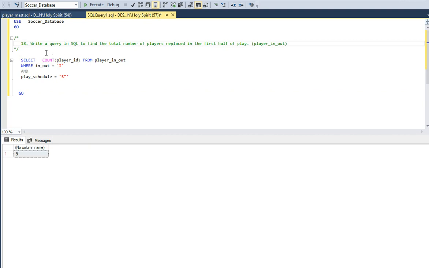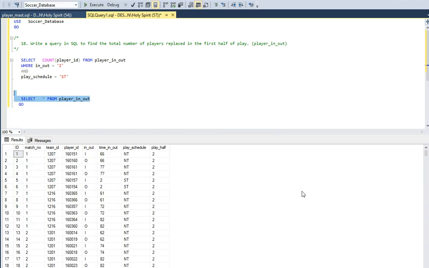The next question is write a query in SQL to find the total number of players replaced in the first half of play. Copy. Just check this thing again. Play half is 2, 2, 2, 2, 2, 1 is okay.